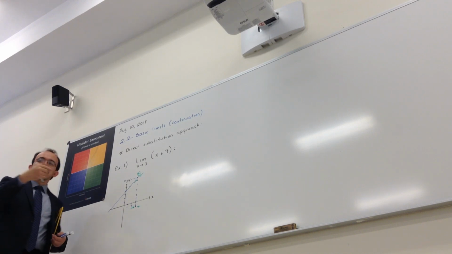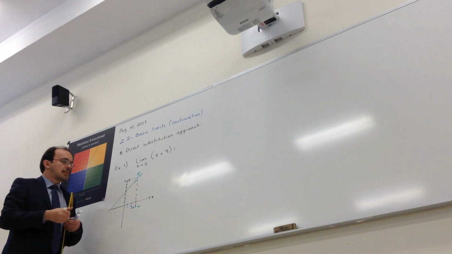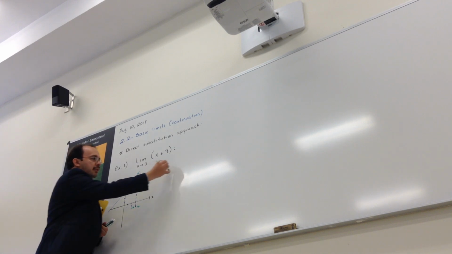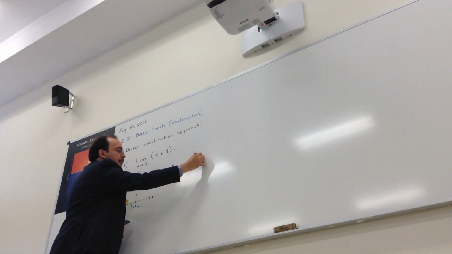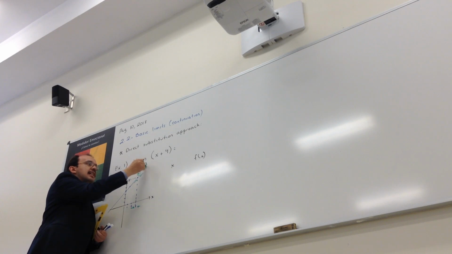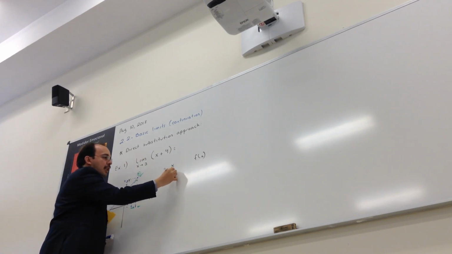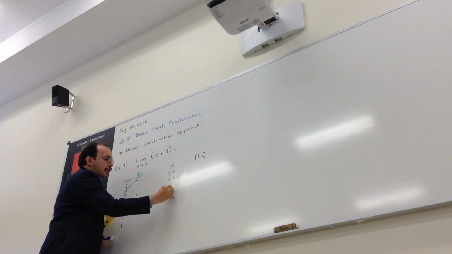If I were to use the table of values like we did yesterday, what will I need to do? To substitute, I will need to give values to x and see what happens with the f of x. What will be the values for x that I need as I approach 3? Let's use 2.9 and 2.99 and 3.01 and 3.1.